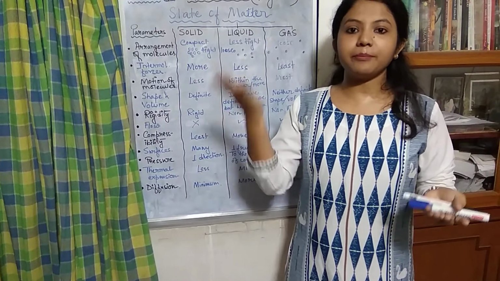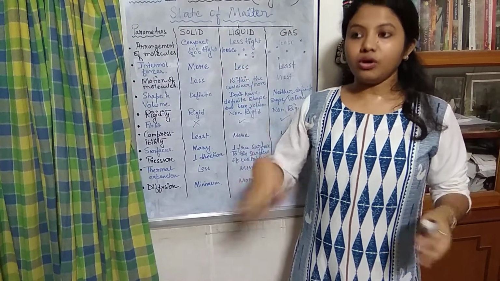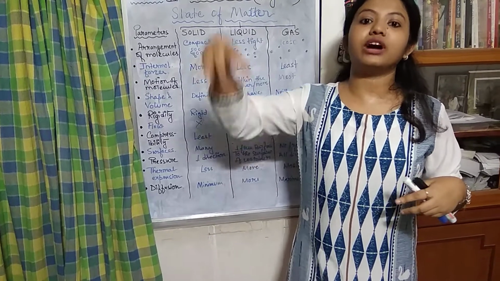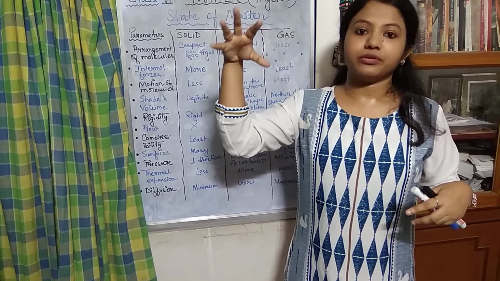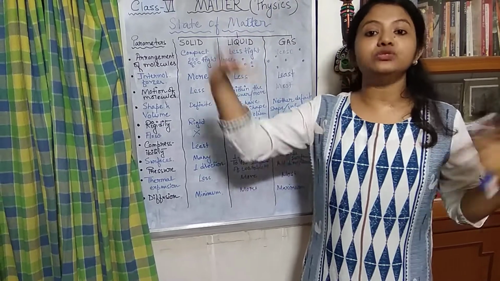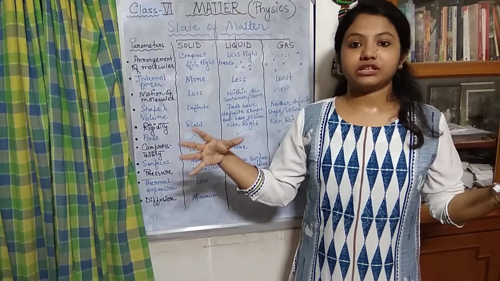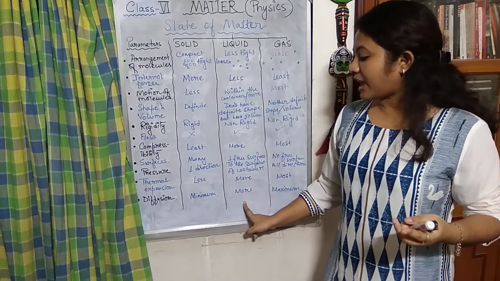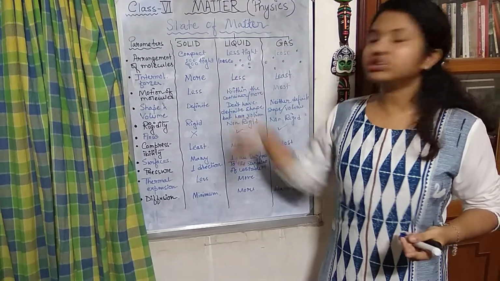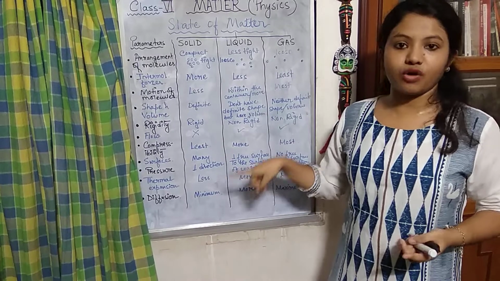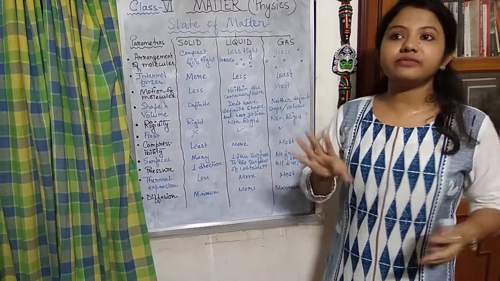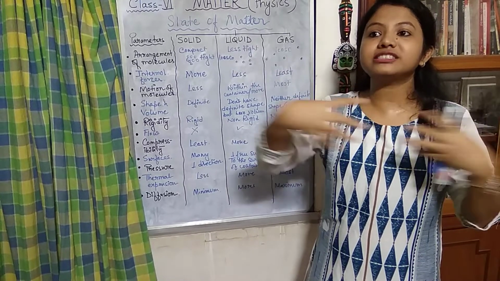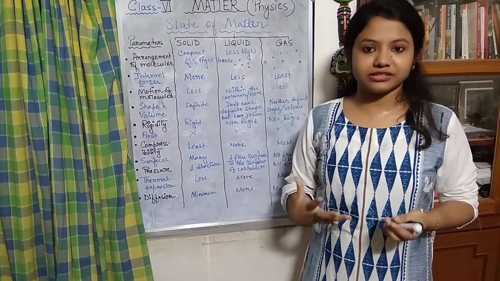The more the temperature rises, the water is naturally converted into water vapor, and then it diffuses everywhere. So we can say from there that the diffusible capacity of the liquid is more than the solid but less than the gas. Obviously, in case of gas, you have seen perfume, right? Perfume is a gas and it scatters. That's why we get the fragrance.